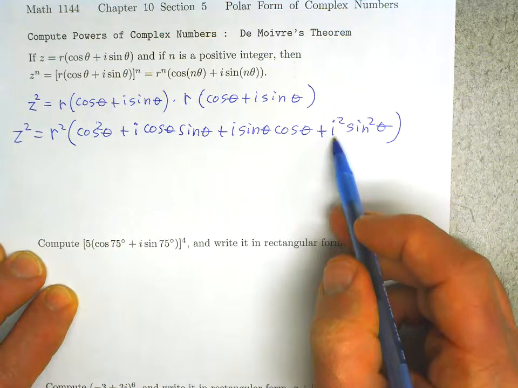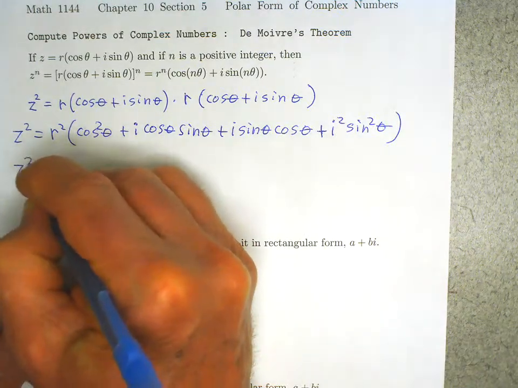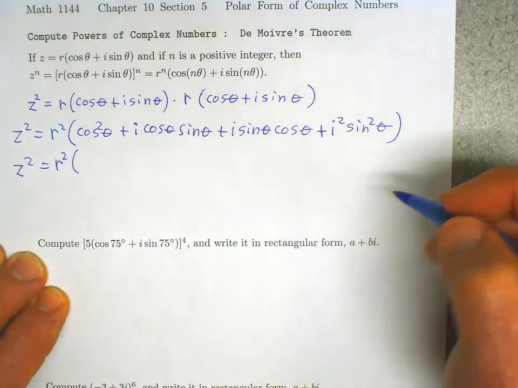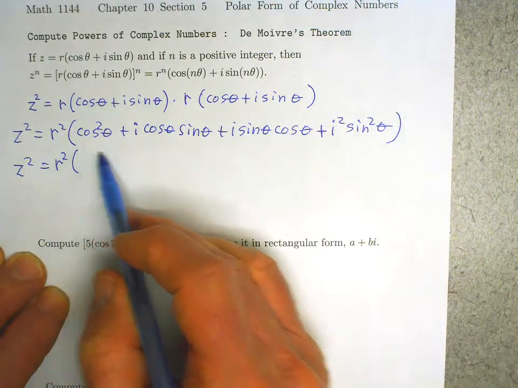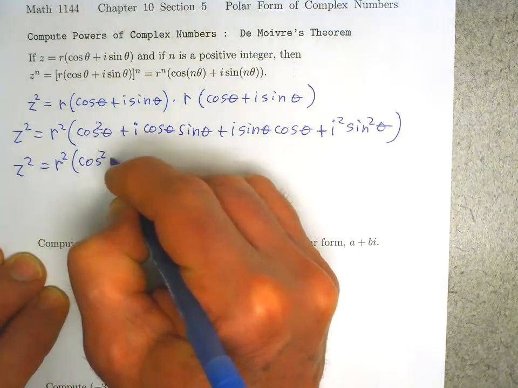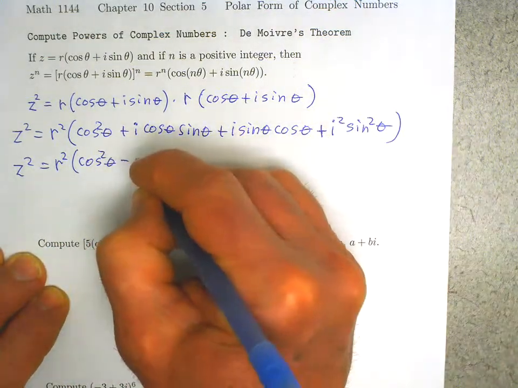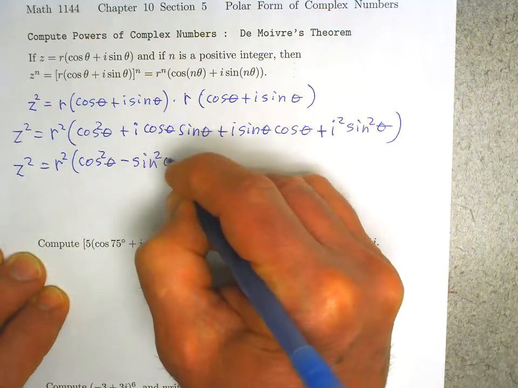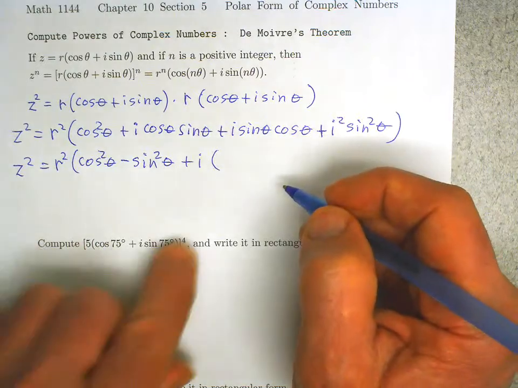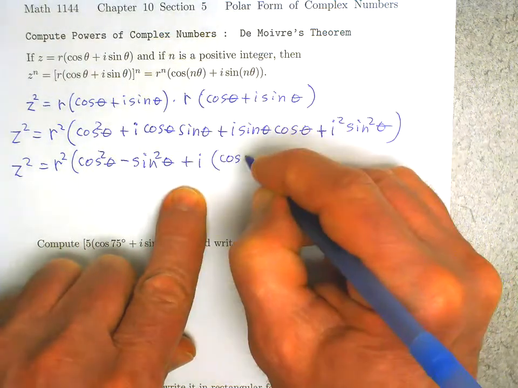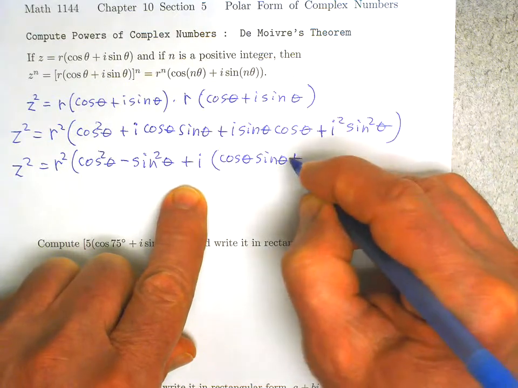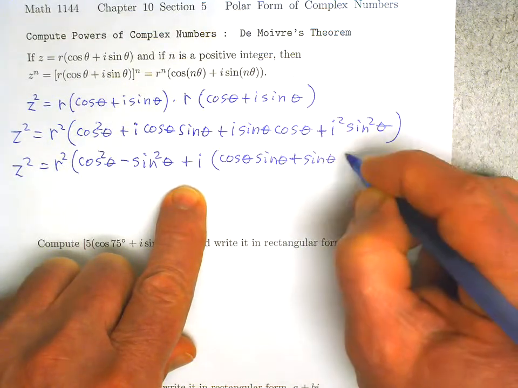And I squared is -1, so we get z squared equals r squared times, well, the real parts will be cosine of theta squared and then minus sine of theta squared and then plus I times cosine of theta sine of theta plus sine of theta times cosine theta.